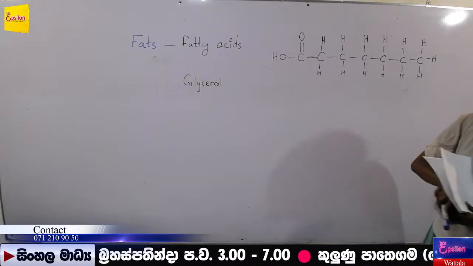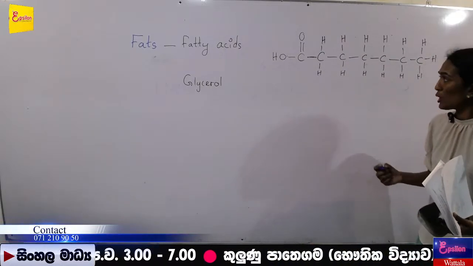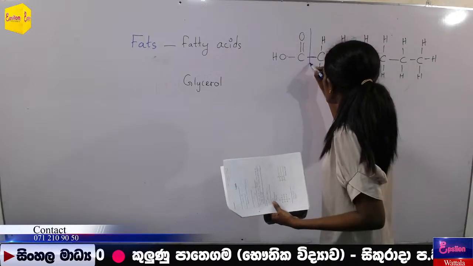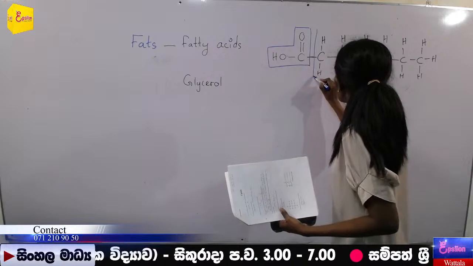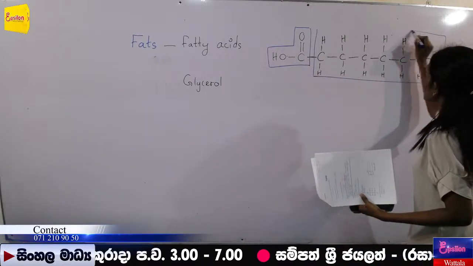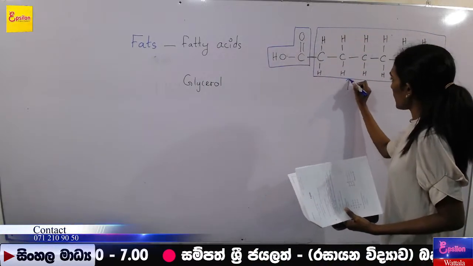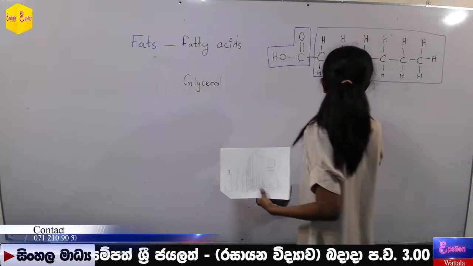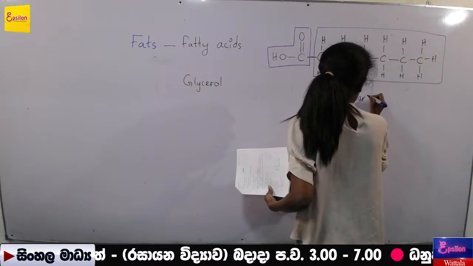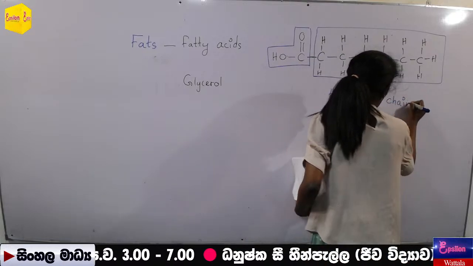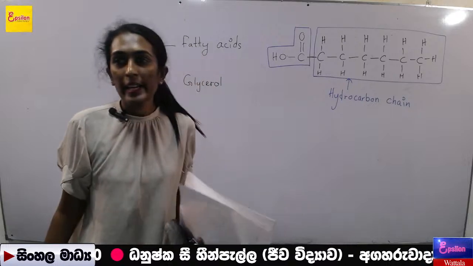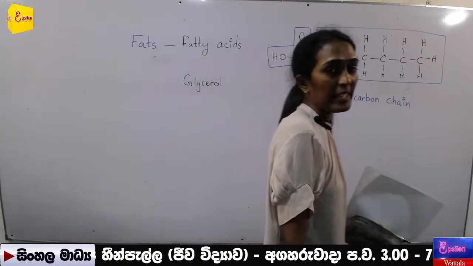So this fatty acid has two major parts. This section we call the hydrocarbon chain. What is the meaning of that? Hydrocarbon chain means it's composed of hydrogen and carbon.